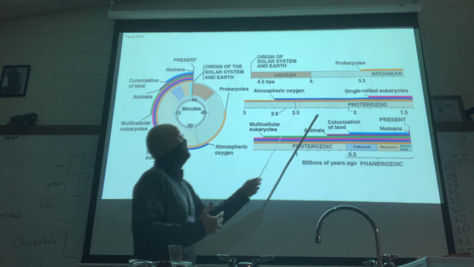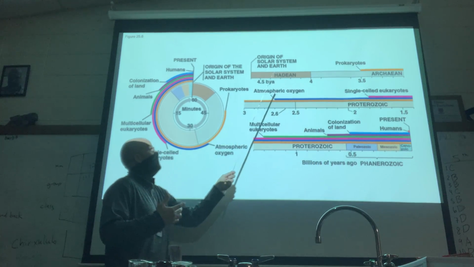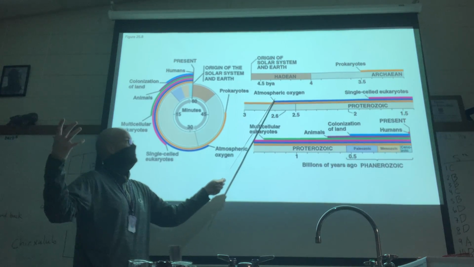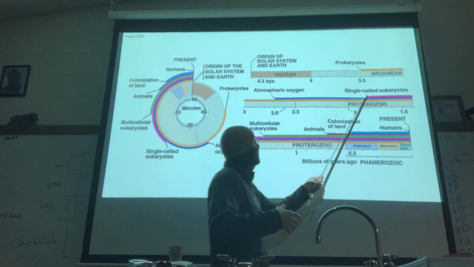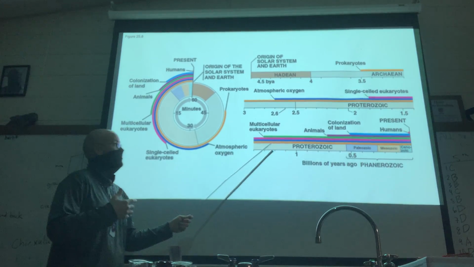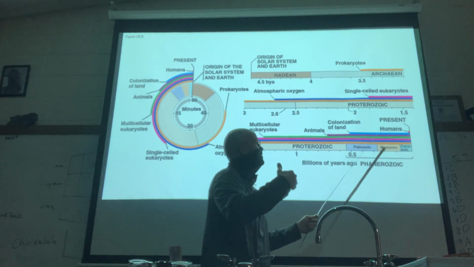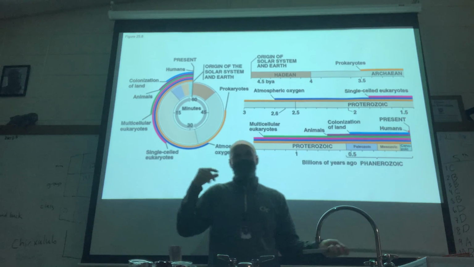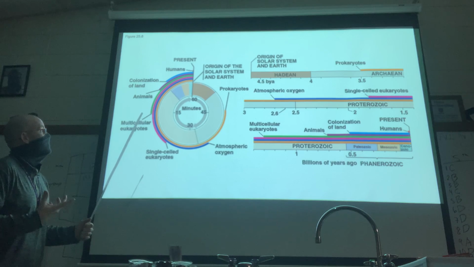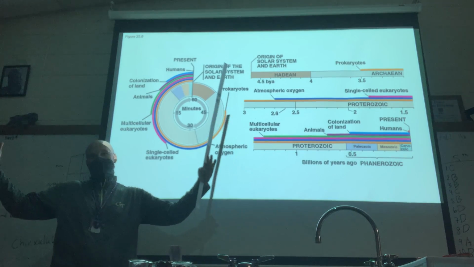Your first prokaryotes, dealing with an oxygenized atmosphere, eukaryotes showing up, multicellular eukaryotes showing up, animals moving on the land, and then of course present day, which they just label as humans.